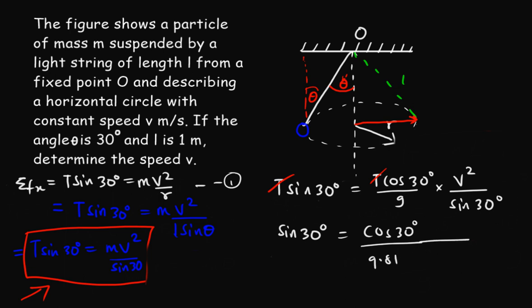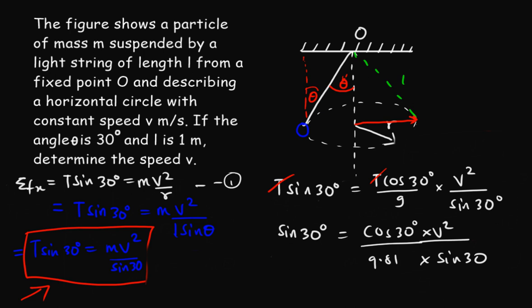Okay, let me bring this here. v squared over sine of 30. Now let's find the actual values of sine 30 and cosine of 30. Sine 30 gives me 0.5.